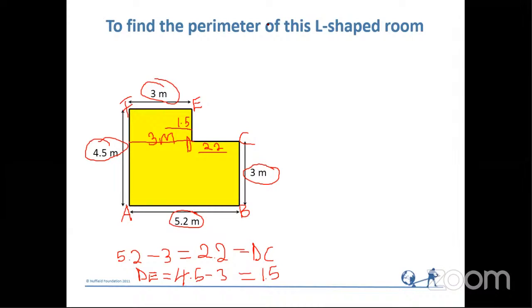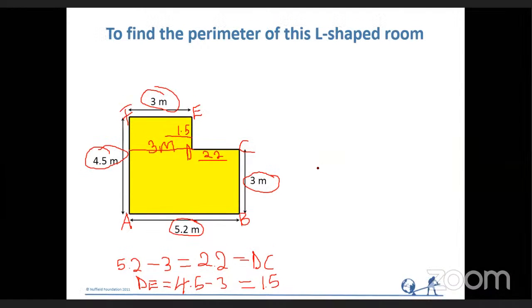Michael, how do you find the perimeter of this figure? We just check the length of all the lines and add them up together. Okay.